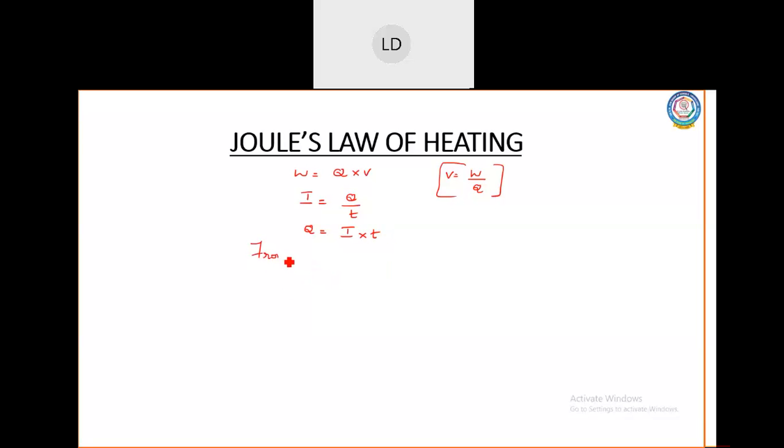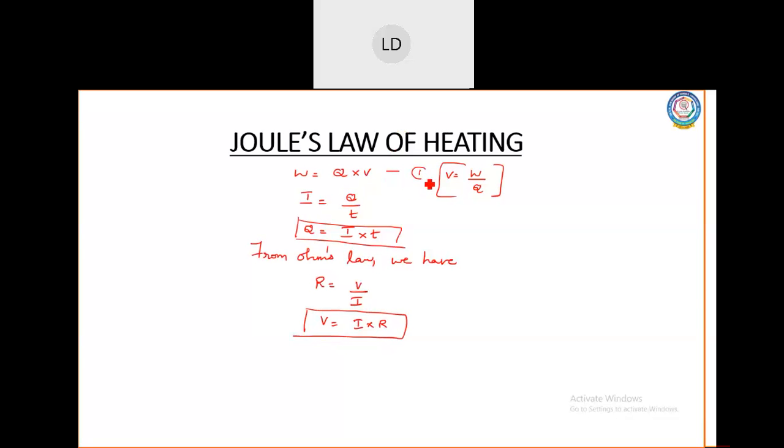Resistance R is equal to V by I, or I can also have V is equal to I into R. Now I am going to substitute Q is equal to I into T and V is equal to I into R in this equation, the work done equation. Now let me take this equation as 1.